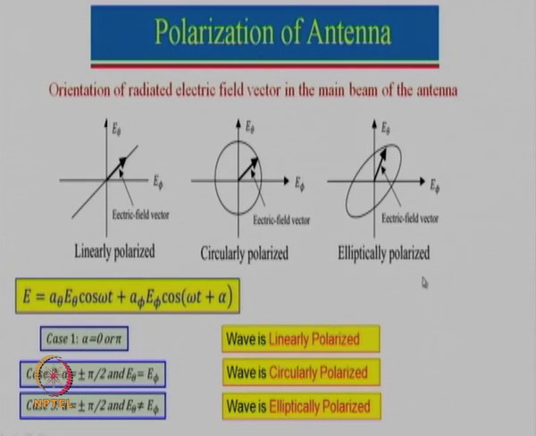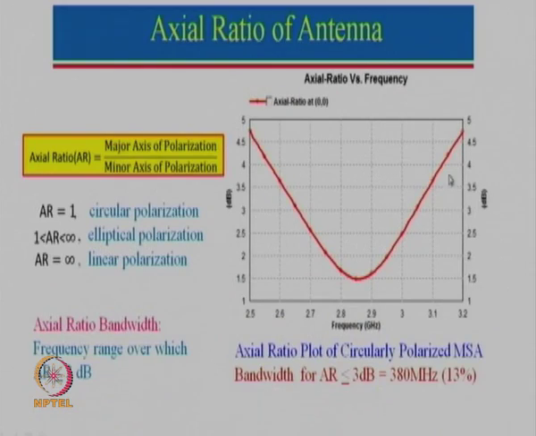Now, as I mentioned, elliptical polarization is a general case. So, let us see how we define axial ratio of an antenna. Generally speaking, for circular polarization the axial ratio should be 1. What is axial ratio? It is the ratio of major axis divided by minor axis.